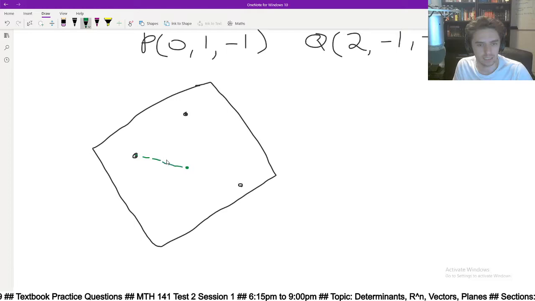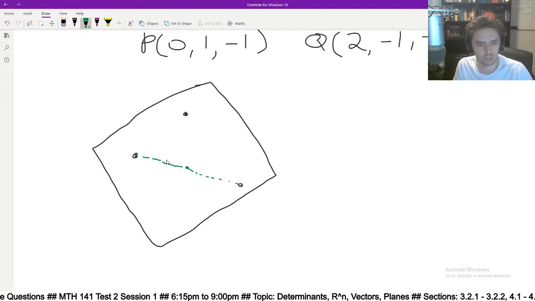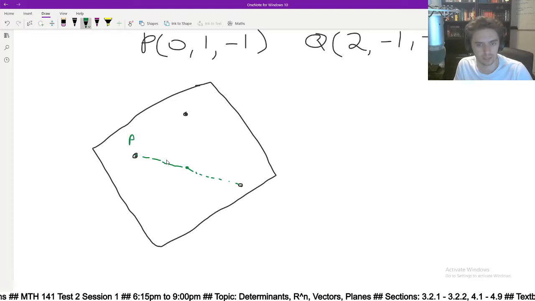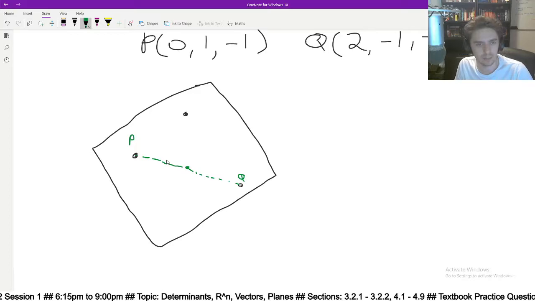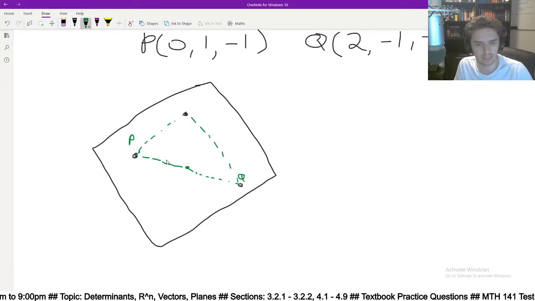This distance and this distance are equal. There's this empty space there. These two points are not on the plane. This is P, this is Q, not on the plane. This point is on the plane. We can choose any point on the plane, and that distance and that distance will be the same.